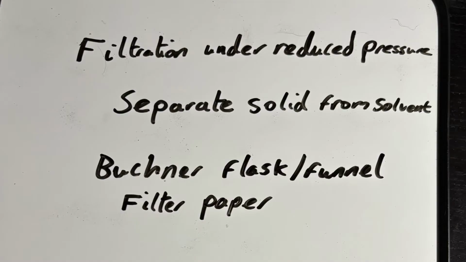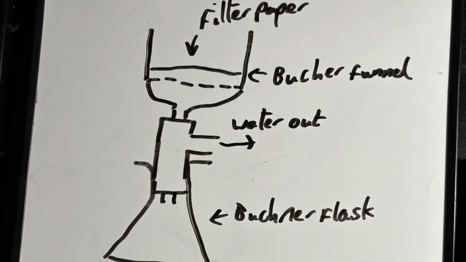You do this with a Buchner flask and funnel and filter paper, which I have helpfully drawn on the next slide. So you add your solution in the top, and it filters into the flask. Under reduced pressure, it just means it happens faster than it would if you just did normal filter paper.